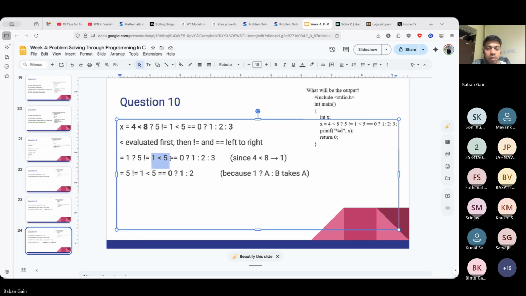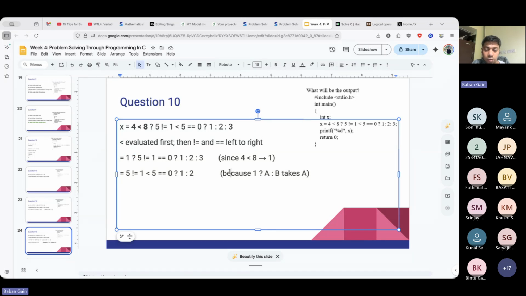Okay, so what will get executed? One question mark. So 1 is true, right? So basically, all the question mark and not equal to, they will operate together. So here 1 question mark 5 not equal to 1. So this is true, right?